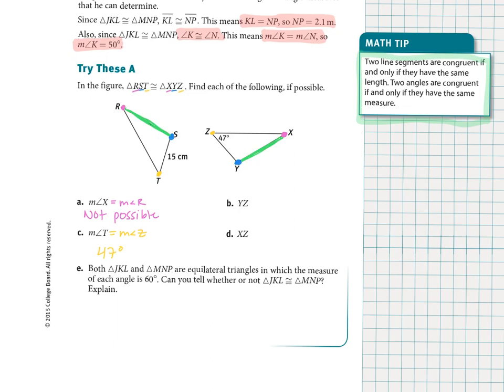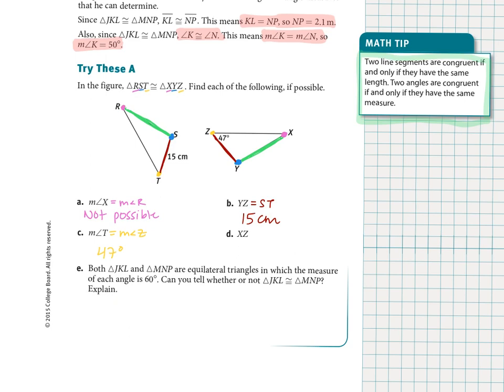So let's go from our blue point to our yellow point. On our first triangle, it's going to be S to T. That's going to match up to Y to Z. So we have that right here. Y to Z is going to be the same as S to T. So we know that's going to be 15 centimeters.